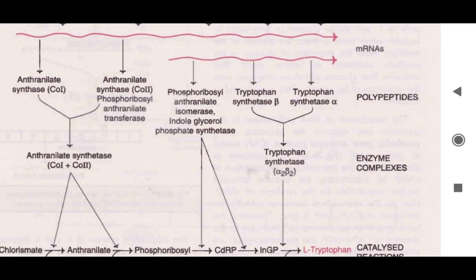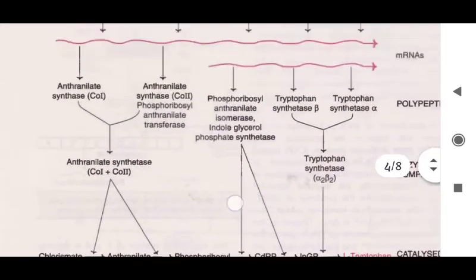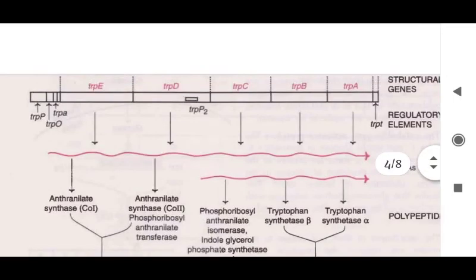Both of them combine together to form the tryptophan synthetase enzyme, which converts indole 3 glycerol phosphate into tryptophan, and for this they require serine for activity. So this was the main role of the genes which do biosynthesis of tryptophan.